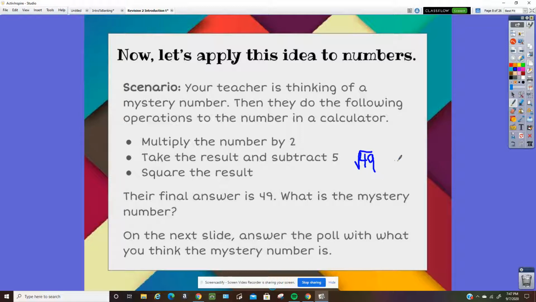You're going to take the square root of that, and that equals 7. So since you squared the result, the first thing you do is take the square root and you get 7. Since you subtracted 5, the inverse of subtracting 5 would be to add 5. And then I get 12. And then the first thing you did was multiply by 2, so the inverse of that would be divide by 2. So you want to do 12 divided by 2, and you get a 6 there.